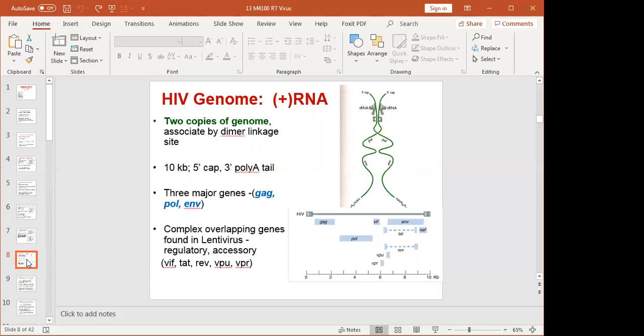The genome is 10 kilobases, and the messenger RNA has a 5' cap and a 3' poly A tail.